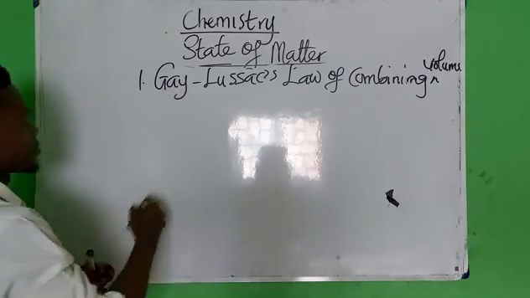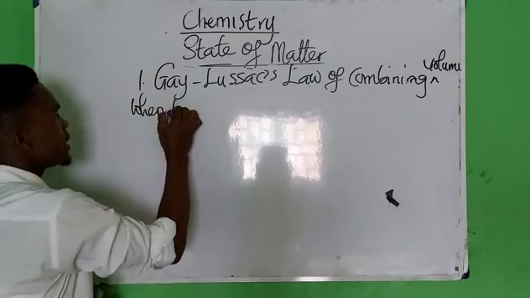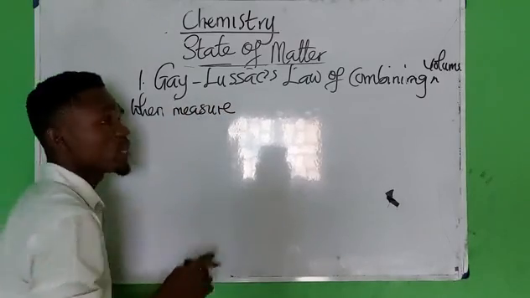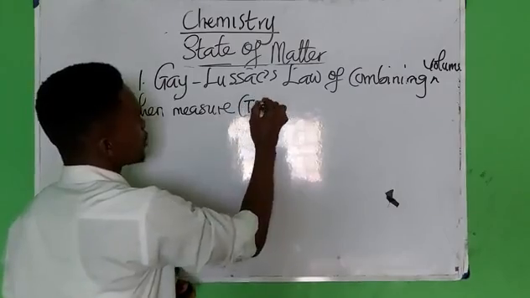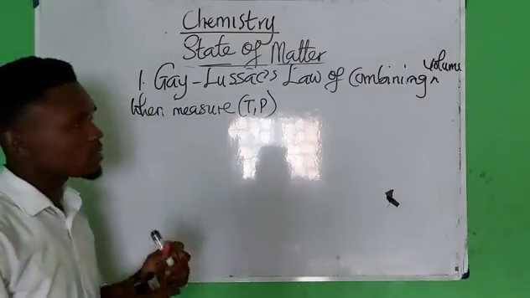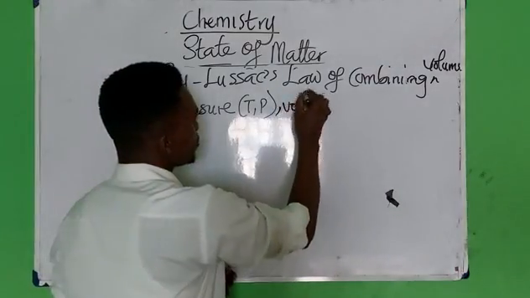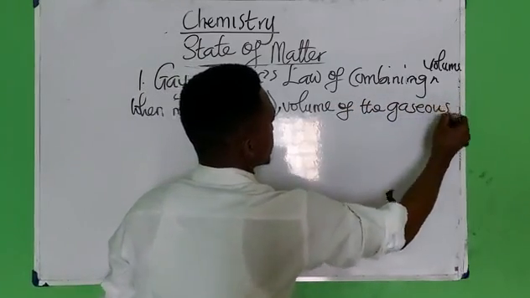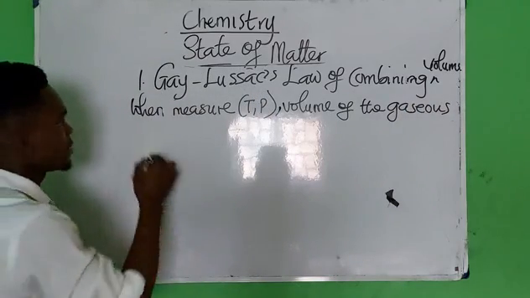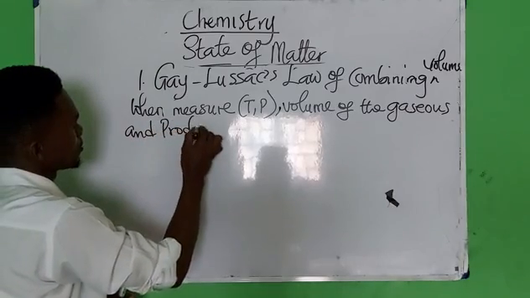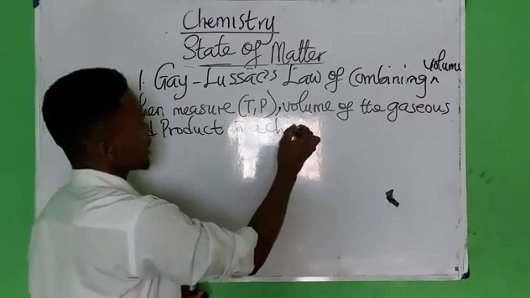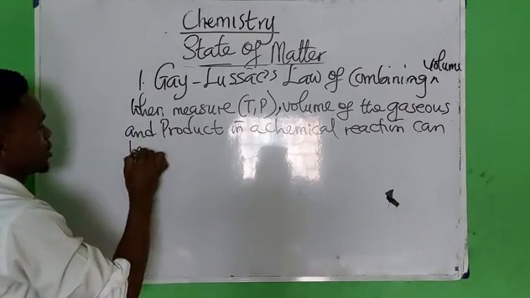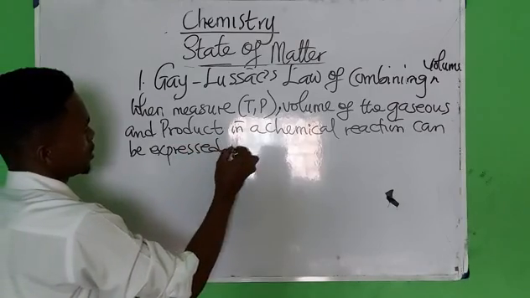This law states that when the volume is measured at constant temperature and pressure, the volume of the gaseous reactants and products in a chemical reaction can be expressed in ratios.